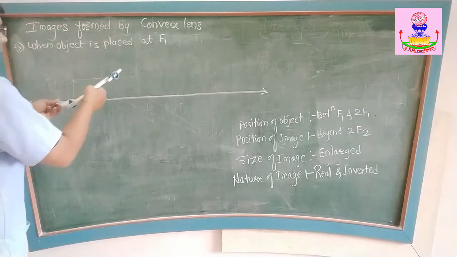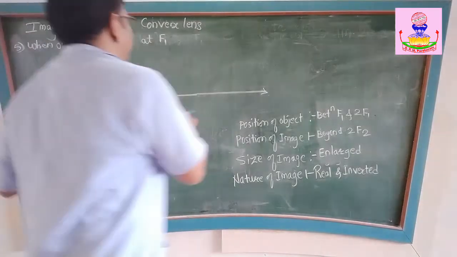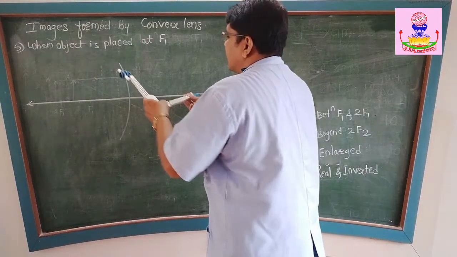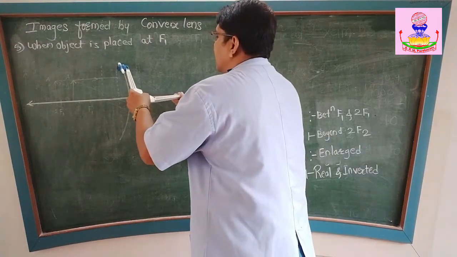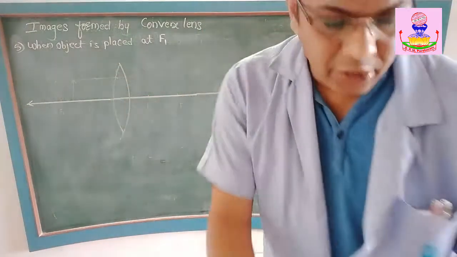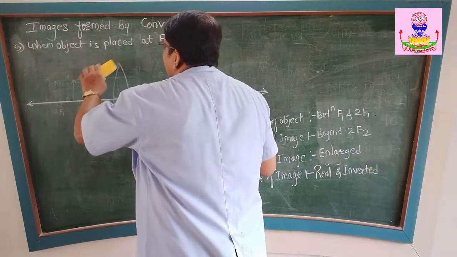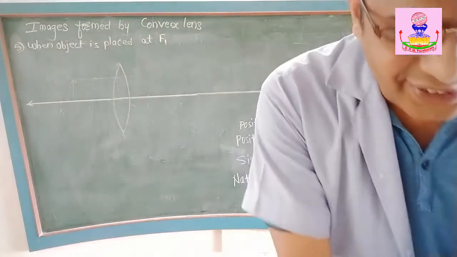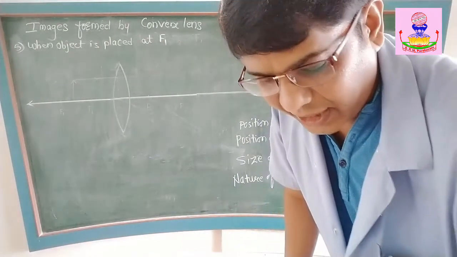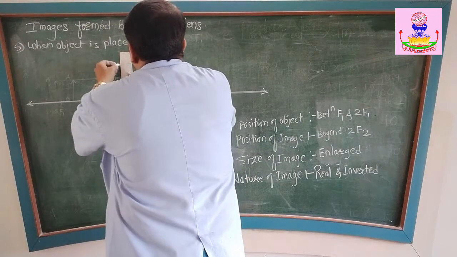As usual, take a certain distance on your compass, draw the arcs from both the sides with the same distance on your compass. Mind well that the lens is a thin lens, it is not a thick lens. Okay, now draw the vertical axis.